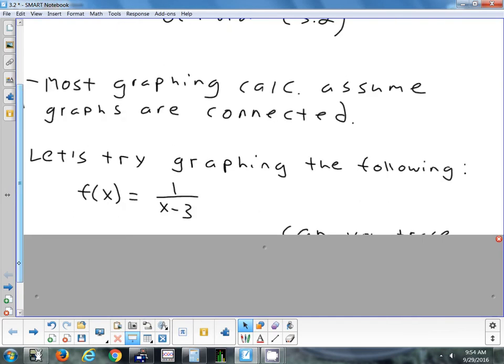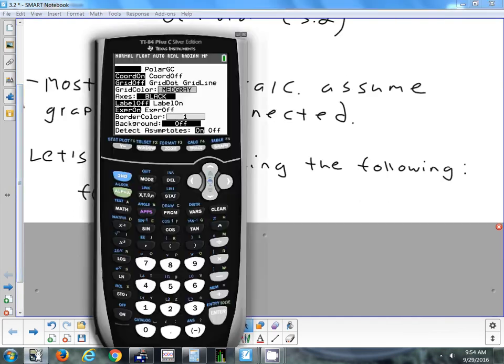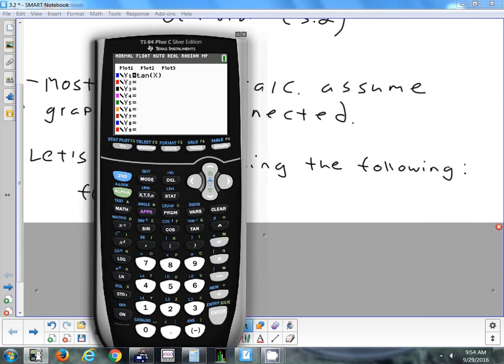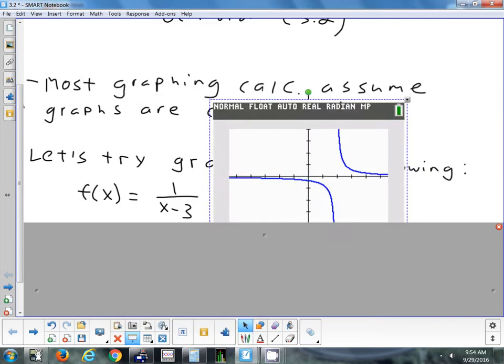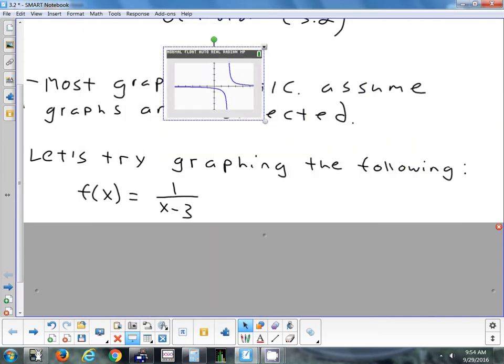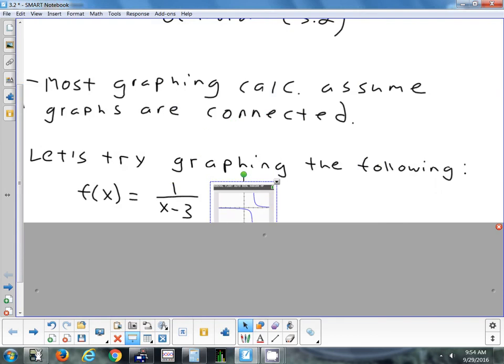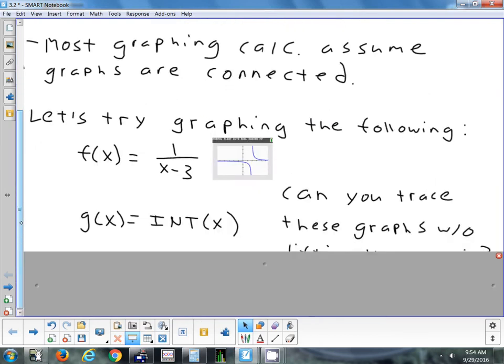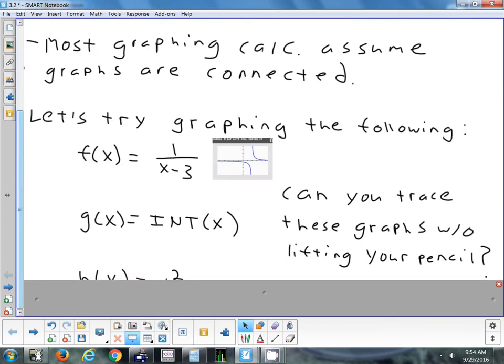Right, so let's try graphing a couple of these. I'm going to graph 1 divided by x minus 3. I'm going to just put a picture of it off to the side. And I'm also going to graph the integer function.